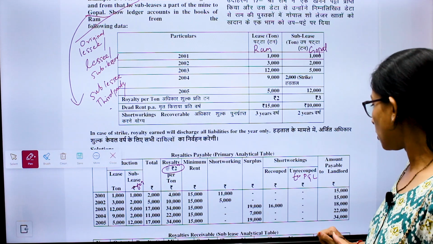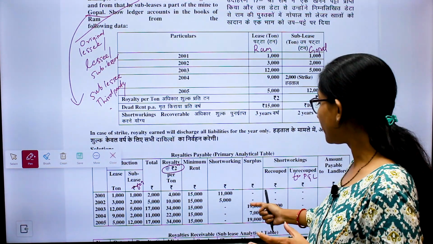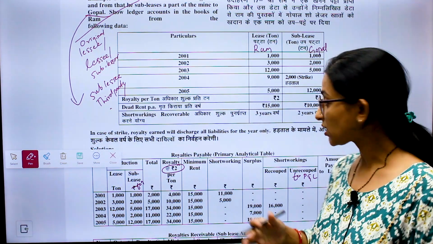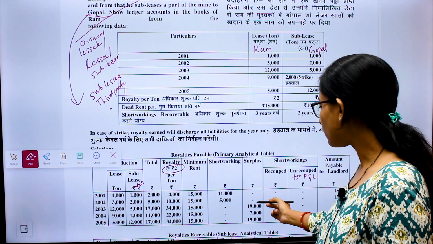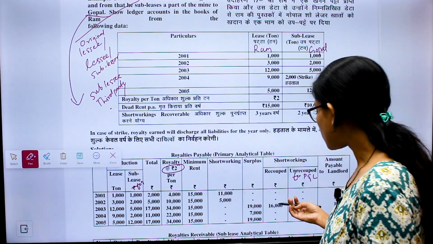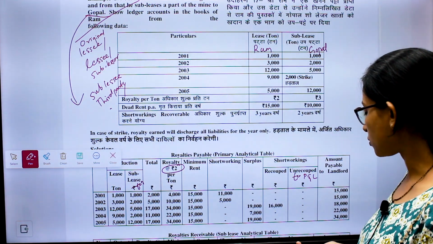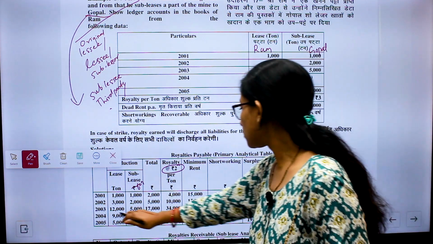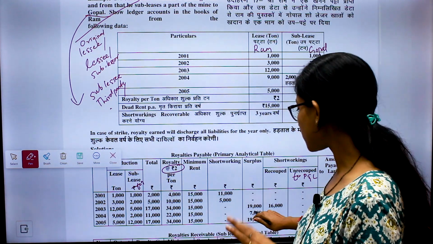Okay, and the option of recoupment has finished, because they have told only 3 years. So the remaining amount of 3,000, it's of no use for us. And here the excess amount is 7,000.